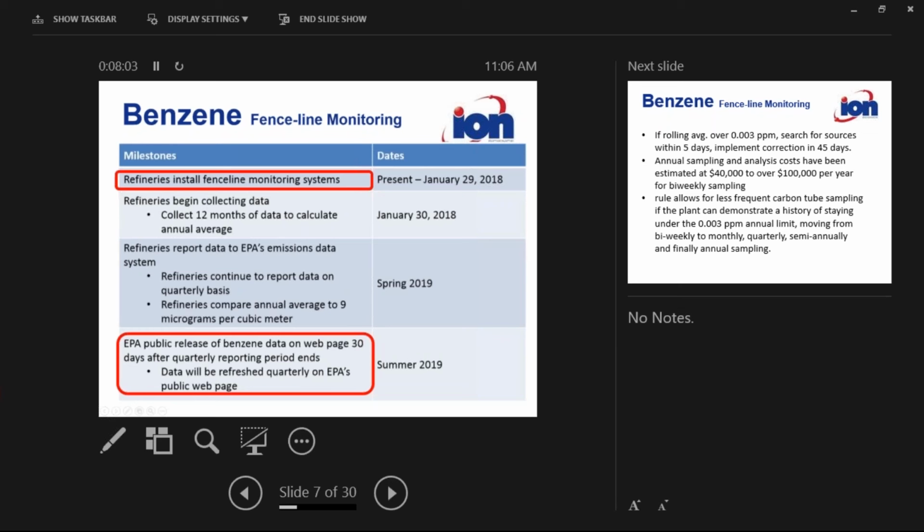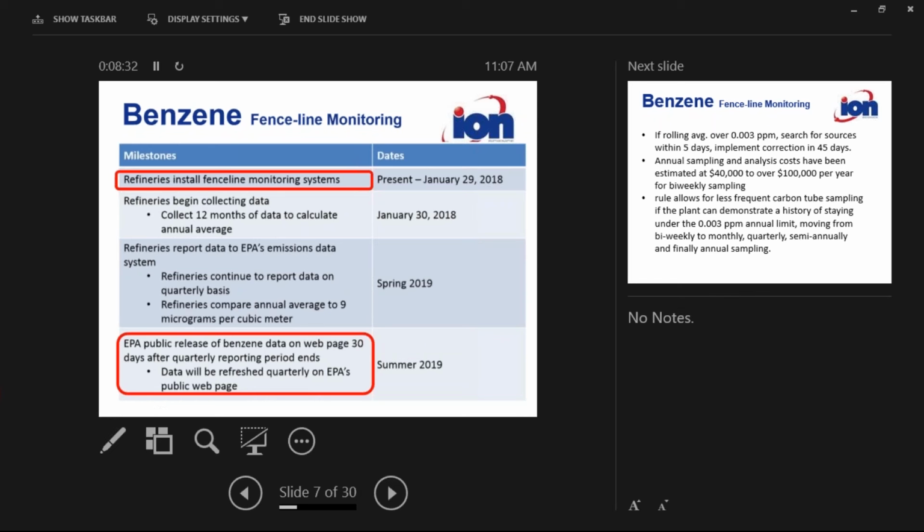Later that month, they need to start collecting data, reporting those data to EPA, continue reporting on a quarterly basis, and compare their results to the annual average of 9 micrograms per cubic meter. Now, not only do they have to report that to EPA, but the EPA is going to make this public, and so it's critical that these refineries have good data.